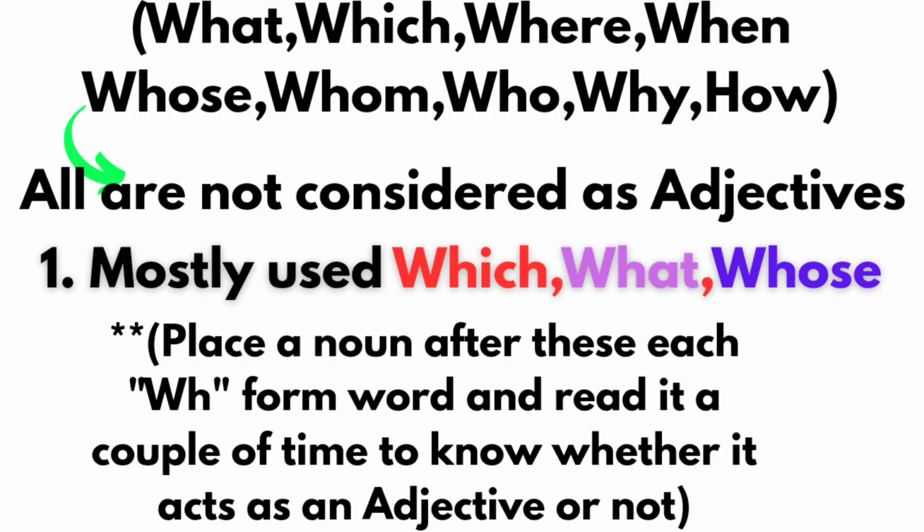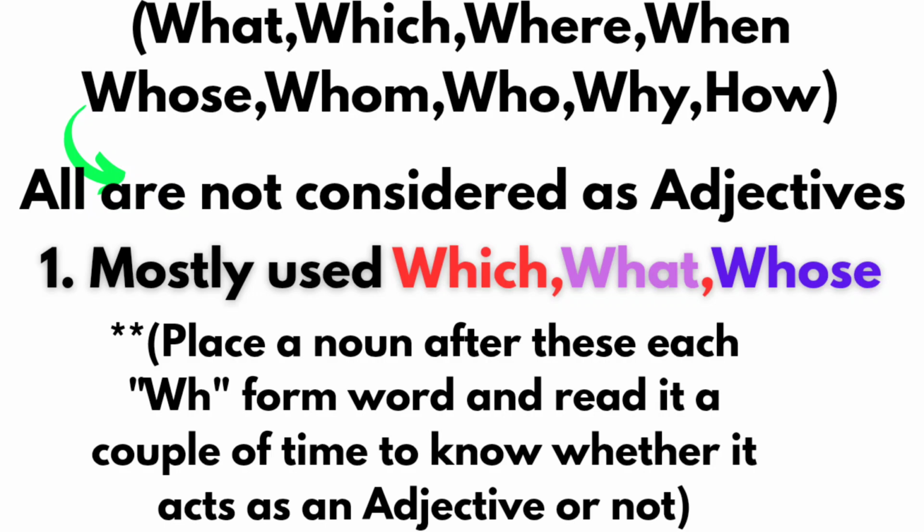Take any random noun and place that noun after every WH form word, and you create a sentence. If the sentence has meaning, then those WH form words act as adjectives, because adjectives are used before nouns and after nouns.